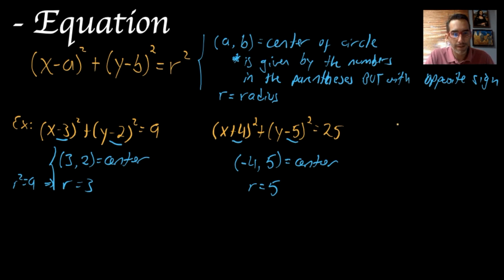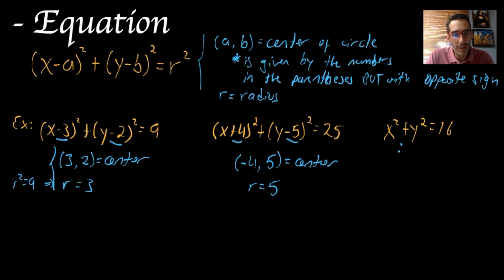And the last example that I'm going to give you, guys, if you see at any given moment an equation that looks like this, x² + y² = 16. What this equation is saying is that it is the equation of a circle, but we don't have x plus anything or y minus anything.